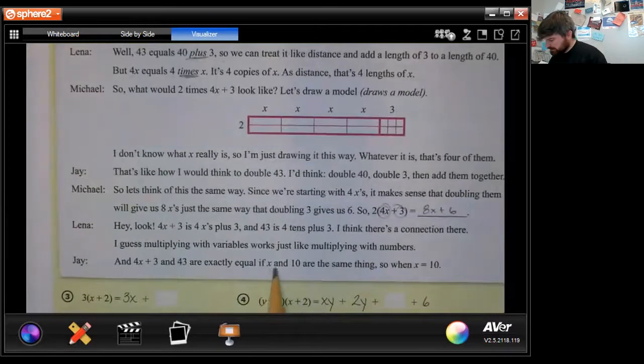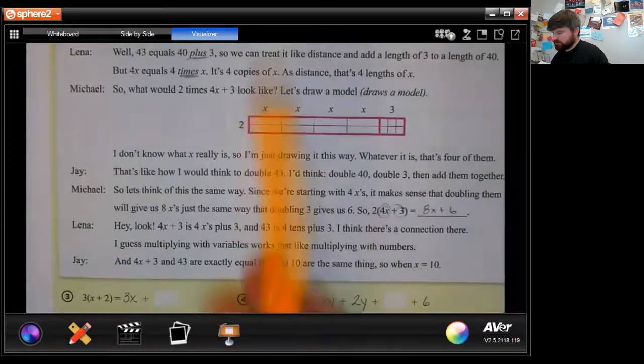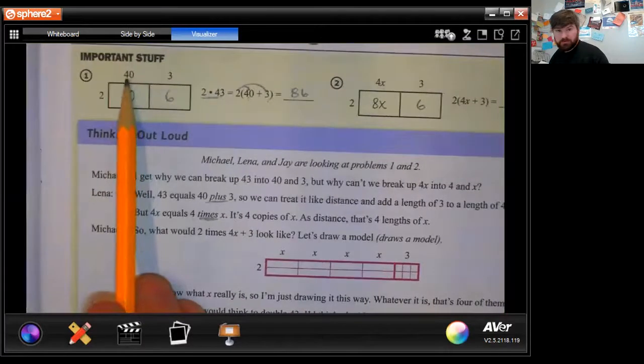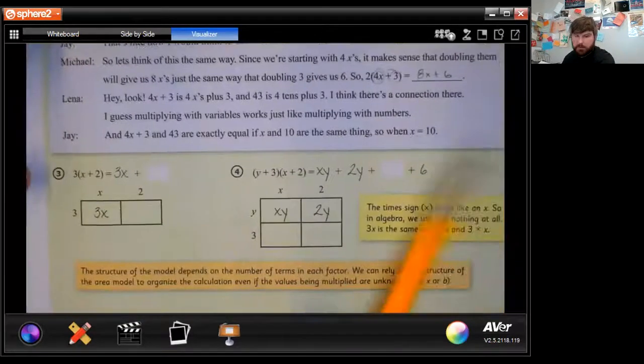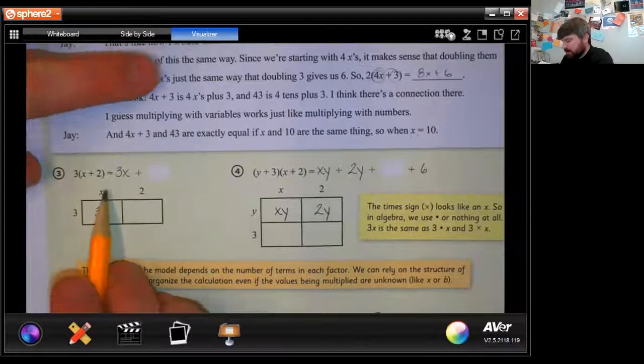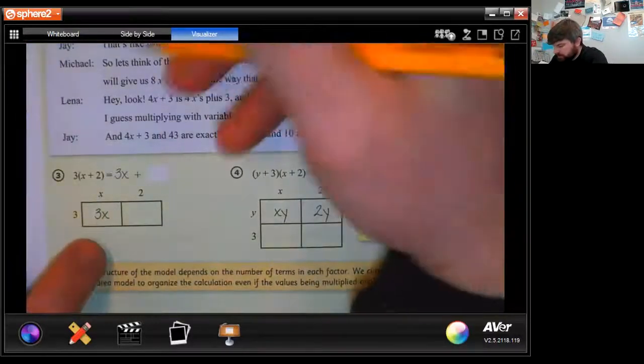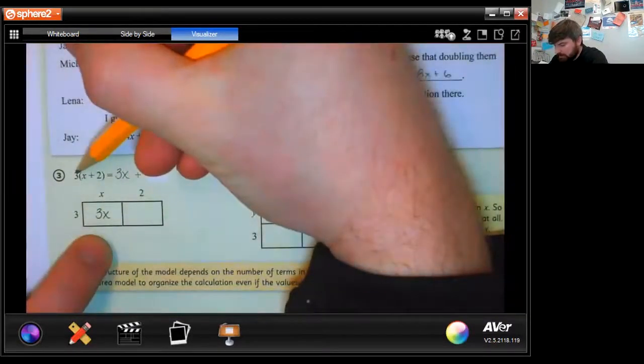If x and 10 are the same thing. So when x equals 10, what they're saying is if x is 10, this 40 is the same as this 4x. Okay. So it doesn't really matter what x is. We can treat it the same as a number.